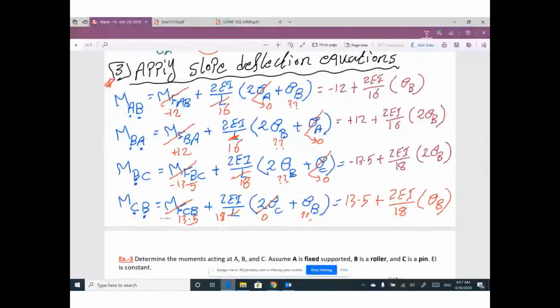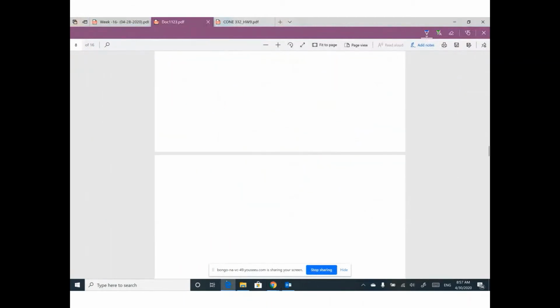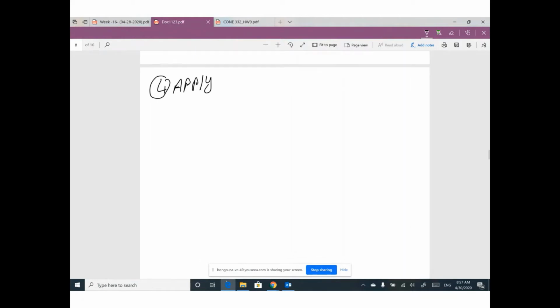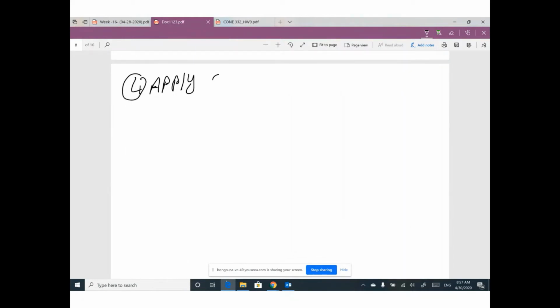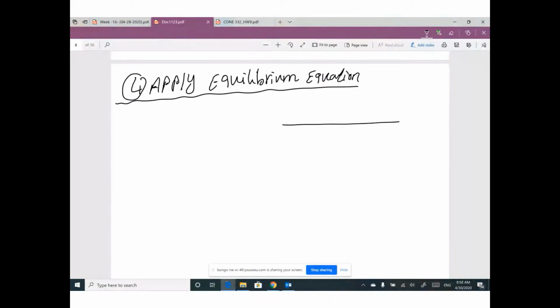Okay. Last step, step number 4: apply equilibrium equation. We have the original beam looks like this.